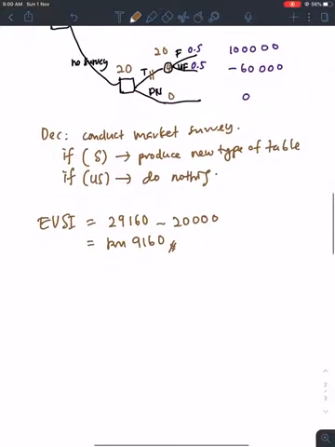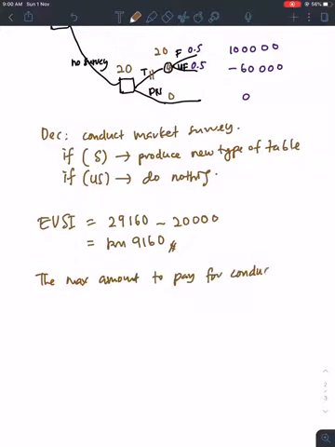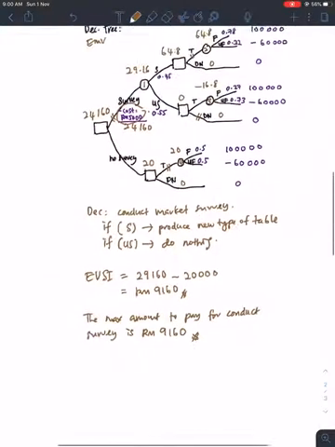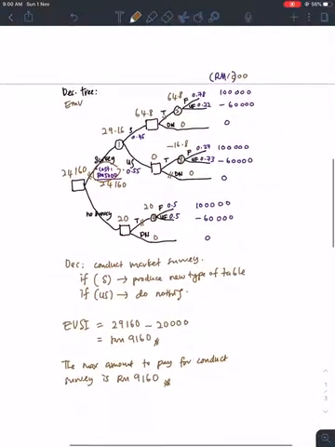So interpret the EVSI. The maximum amount to pay for conduct survey is RM9,160. Okay, so that's all for today. InsyaAllah.